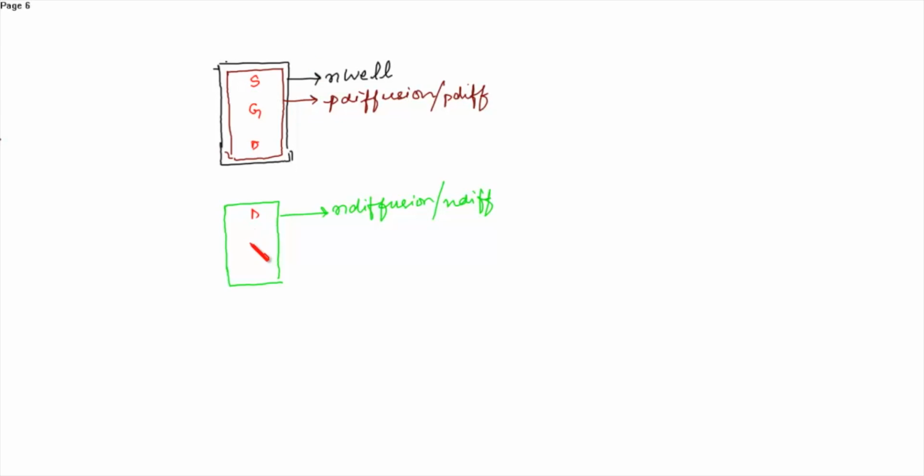This is the drain, gate and source. So this is the inverter part of the whole transmission gate. So at first, to connect the gate, this is the gate, and the input here is the select line S.